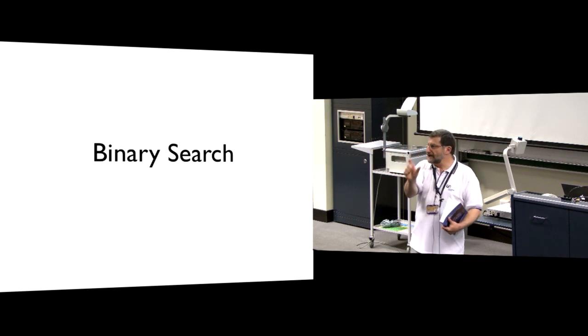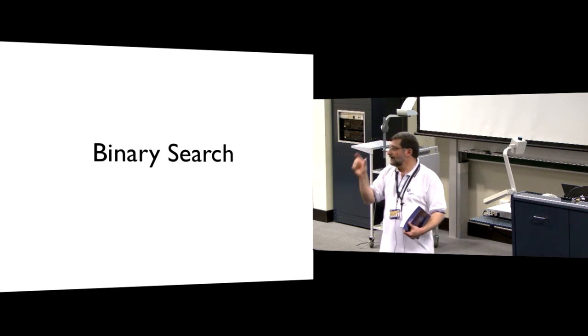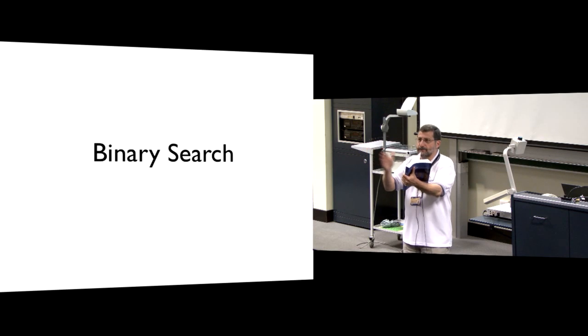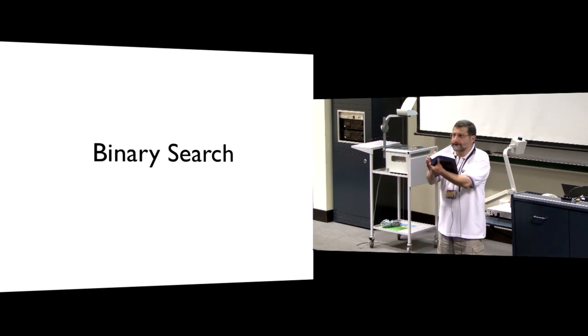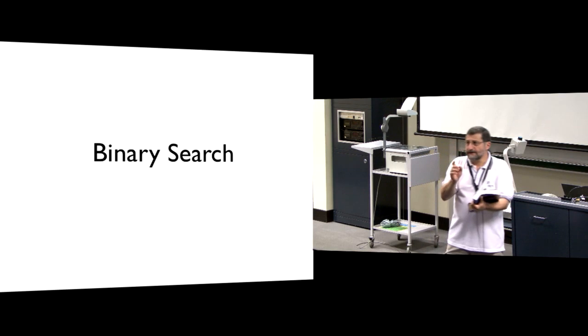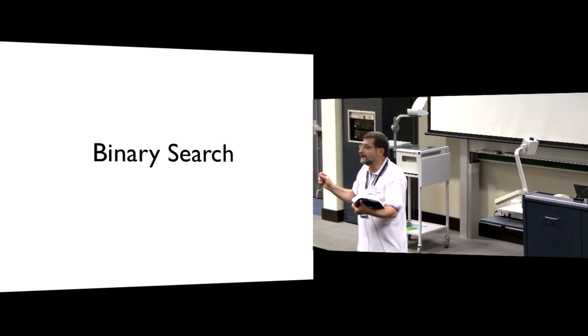So what I'm doing is repeating exactly the same process, cutting the array down by halves every time until I sort of narrow in on where the entry I'm looking for should be, right? Now I say should be because there's no guarantee that the element you're looking for is in the array.